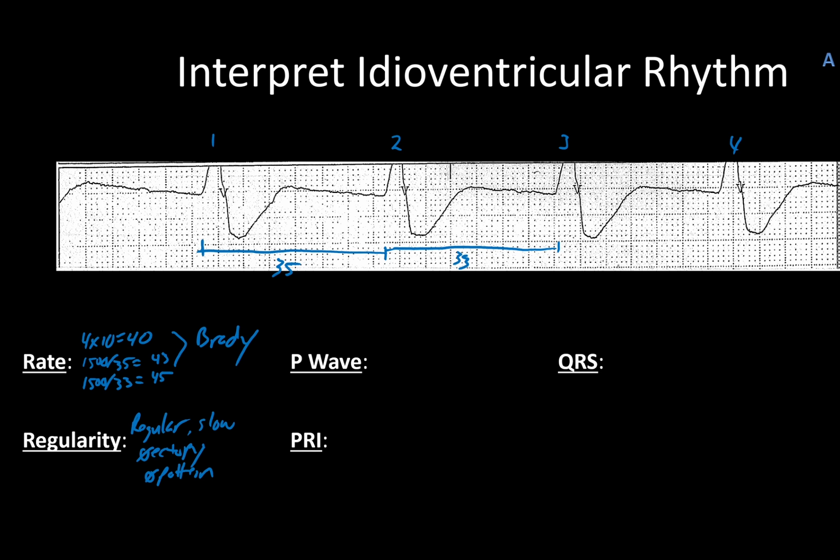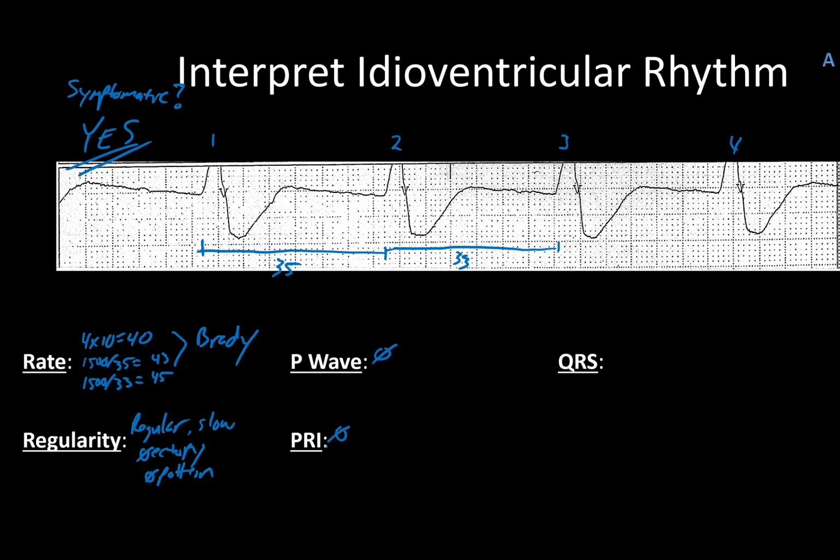Do you think they're symptomatic? Yes, this rhythm is symptomatic. Anytime you see a heart rate in the 40s on screen, you should always ask the question, how does this patient look? And want to get in there and make sure they're feeling okay and do that kind of workup.